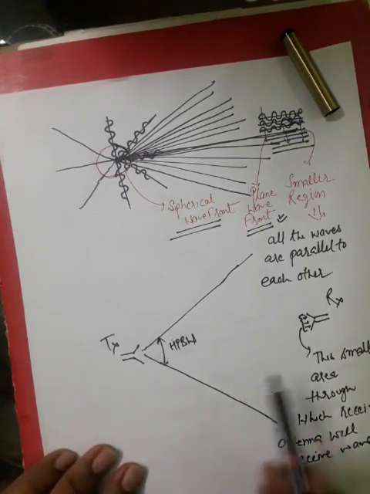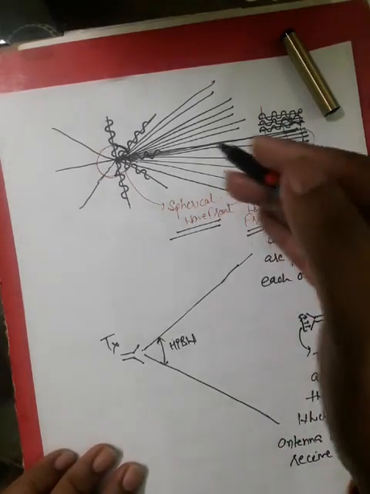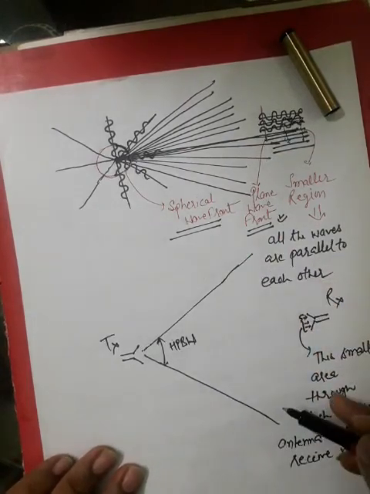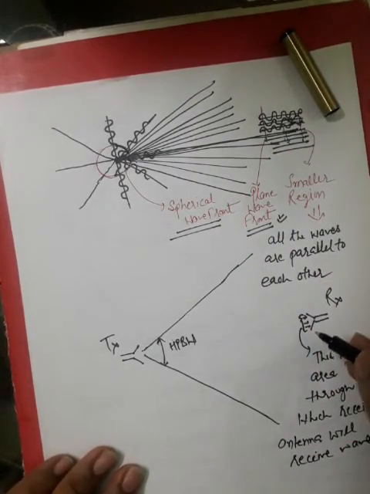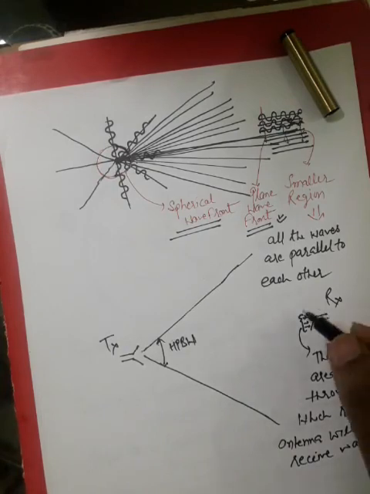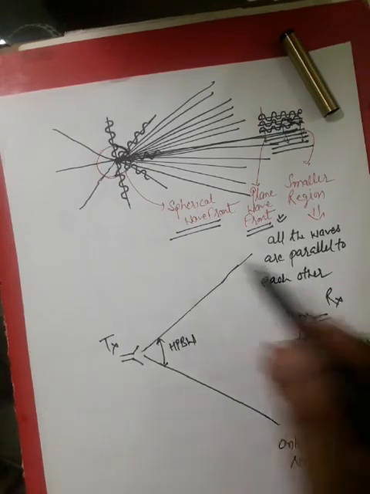So instead of looking at this larger region, the whole half power beam width, the receiver antenna will receive the wave from a very small region, due to which in far field it will receive a plane wave front, instead of a spherical wave front.